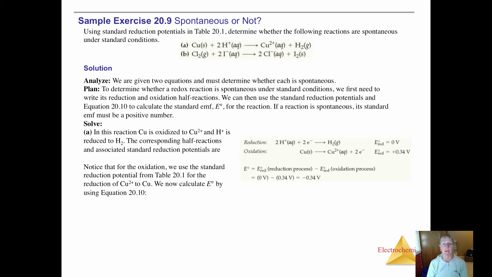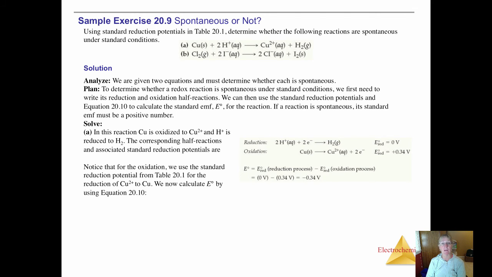So the rule is take the cathode minus anode, and 0 minus a positive 0.34 is a negative 0.34. If, when you do cathode minus anode, you get a negative number, your only conclusion is that it is not a spontaneous reaction as written. So my answer to A would be: based upon the fact I have a negative voltage, it is non-spontaneous.